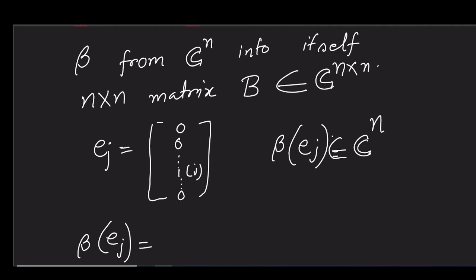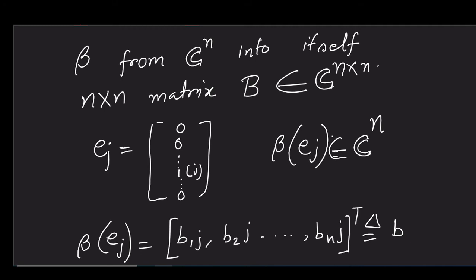What you will get is B1j, B2j, up to Bnj, which we define as the vector Bj transpose.